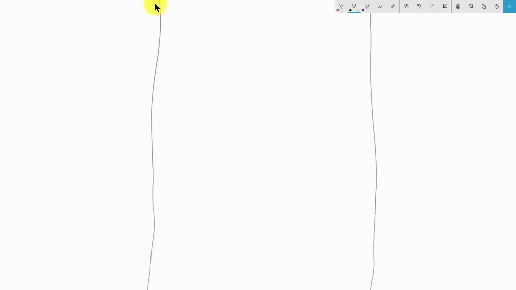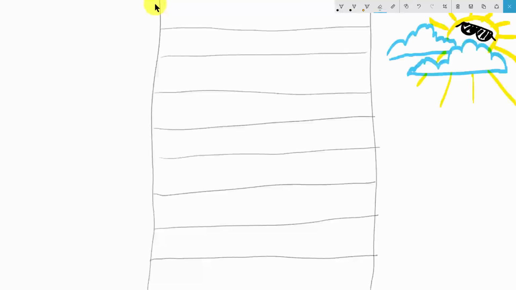So we'll have the building. Let's make some floors for this building. And we'll also give it some floor numbers here. Let's start with 78, 79, and so on. And there is a fire escape. So let's draw a little fire escape here.